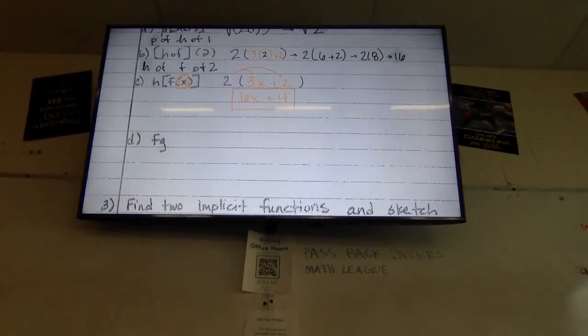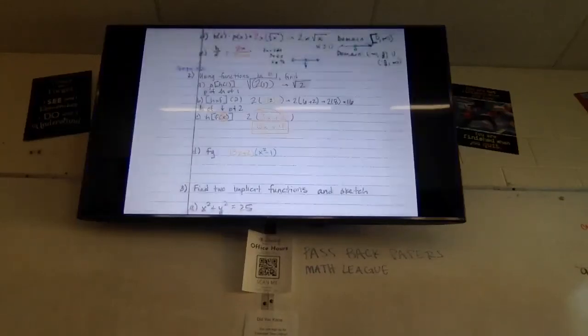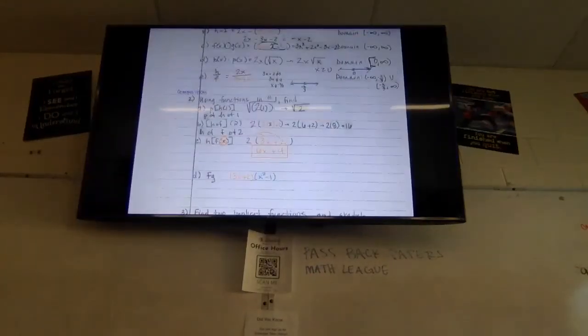Okay, the next one says F and then it says G. Am I multiplying those or am I doing composition here? I'm multiplying those. How do you know that, Michael? There's no brackets, there's no parentheses, there's no little circle, which means of. I'm literally just doing F times G, which we've already done. 3X plus 2. As I'm setting this up, I'm like, oh, wait a second, we already did this. So you can redo it again, or I can just draw my little arrow.